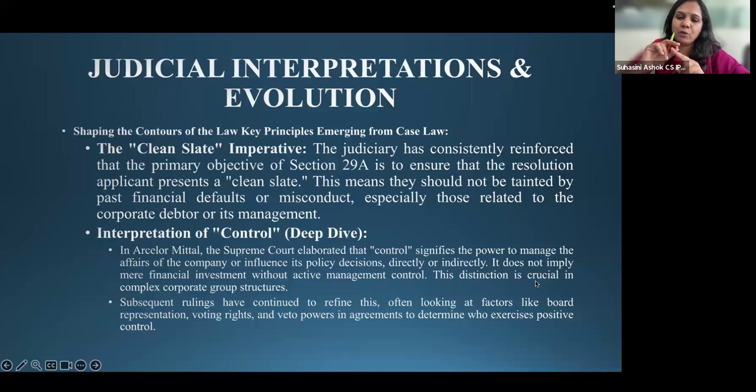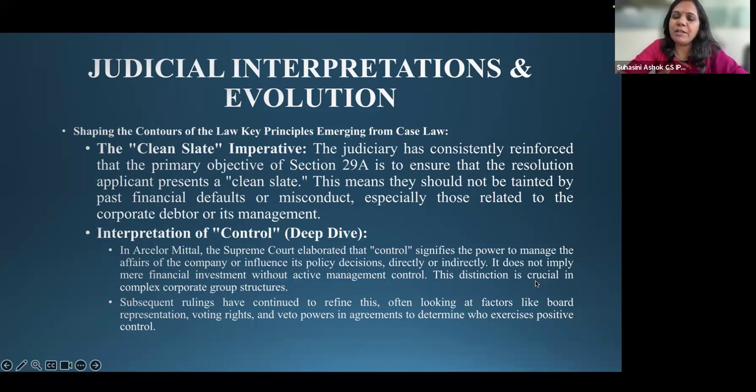The code also casts a duty on the RP and liquidator that forming an opinion, determining on the transactions and filing the application is completely the prerogative of the RP or liquidator. COC will not come into the picture.